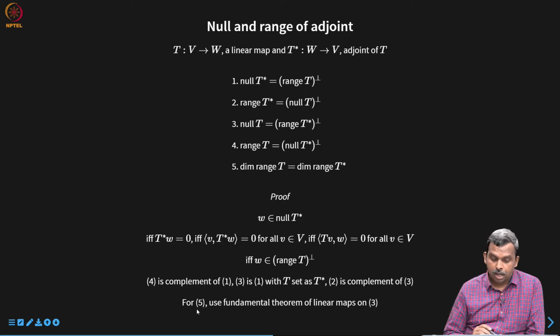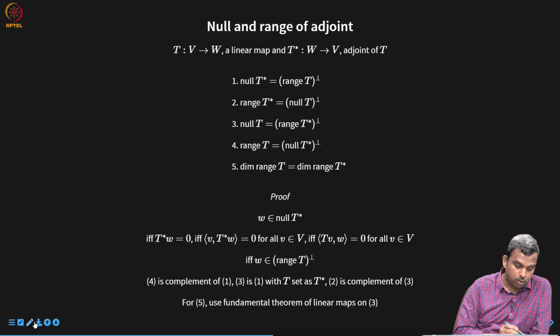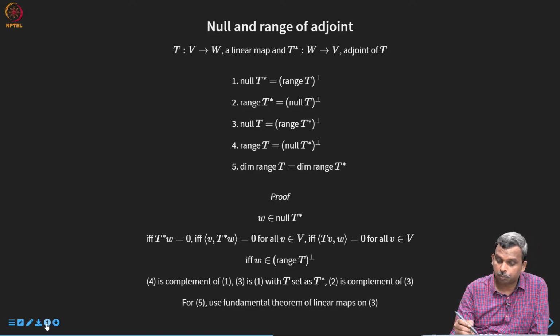For 5, I have said to use the fundamental theorem of linear maps on 3. You can use it on 3 if you like, or on 2, and you will get it. Let me show you how that is happening here.